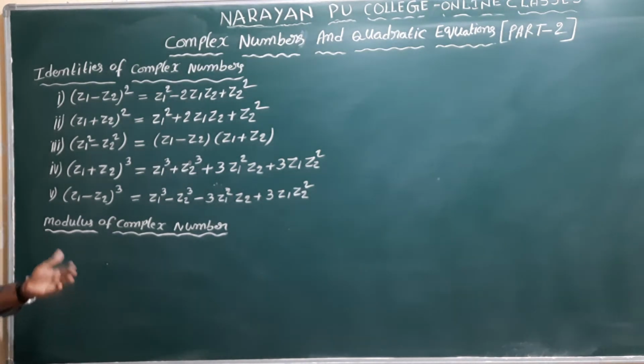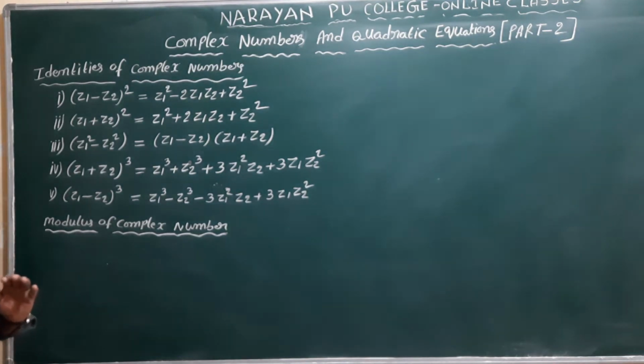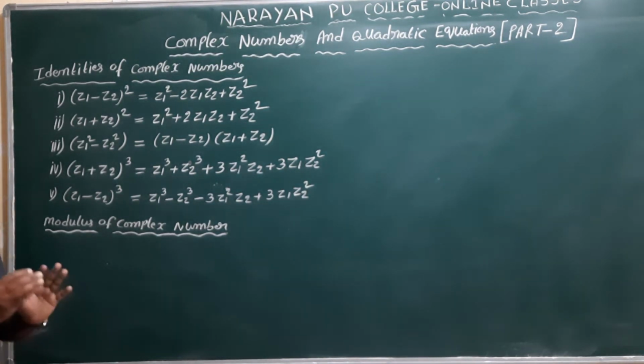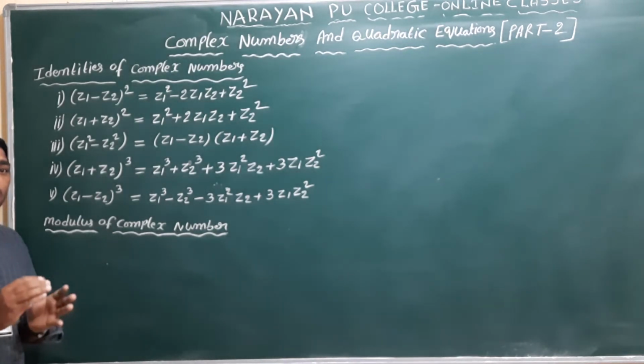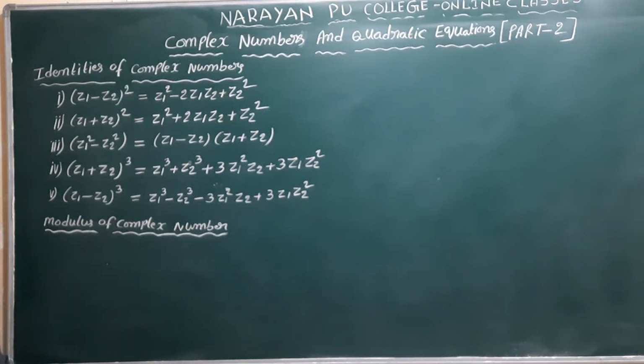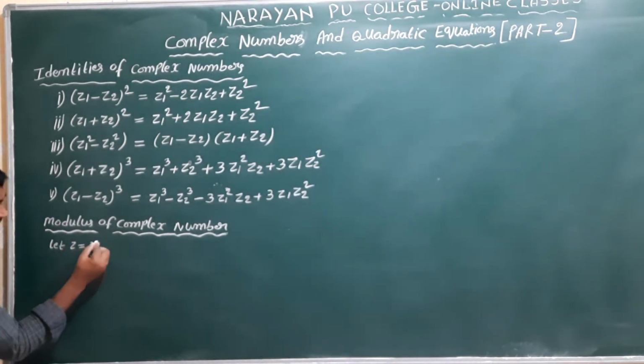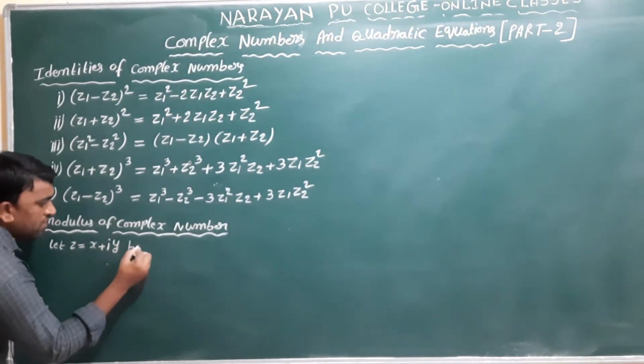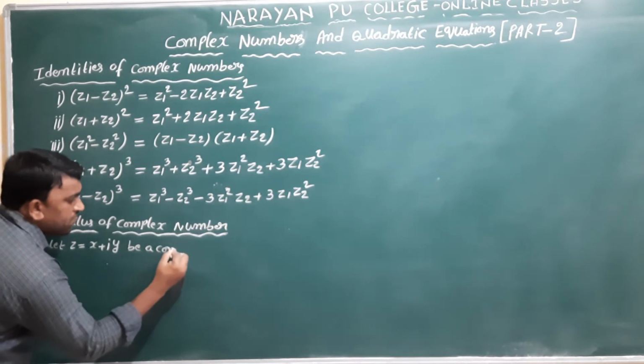So let us take z equal to x plus iy be the given complex number, then the modulus is defined by modulus z. Here modulus z is defined the non-negative real number. So clear? Modulus is defined non-negative real number. Then how to define this? Let us take z equal to x plus iy be a complex number.